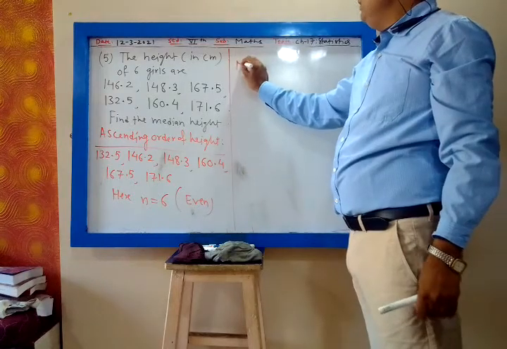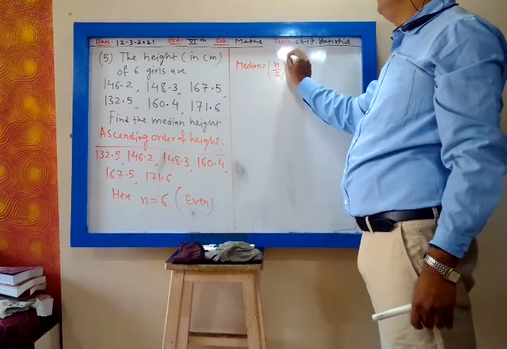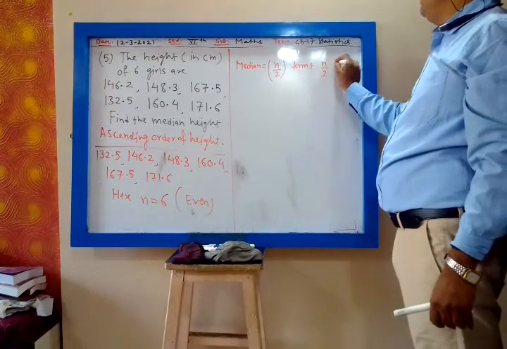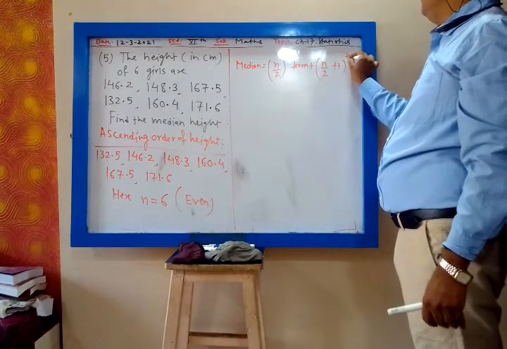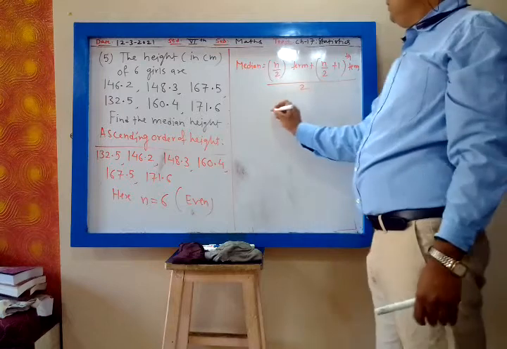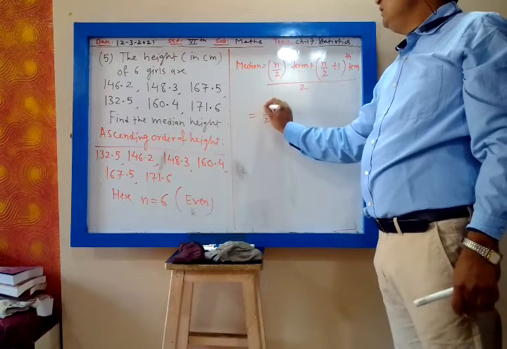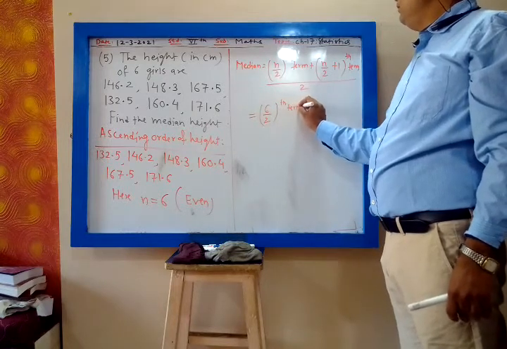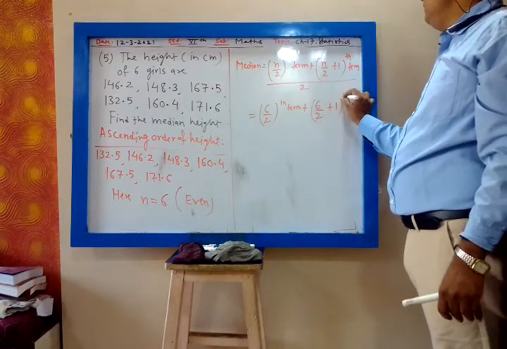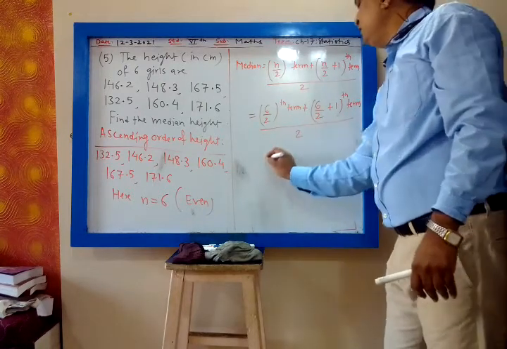Here n is 6, so 6 upon 2 term plus 6 upon 2 plus 1 th term, divide by 2.